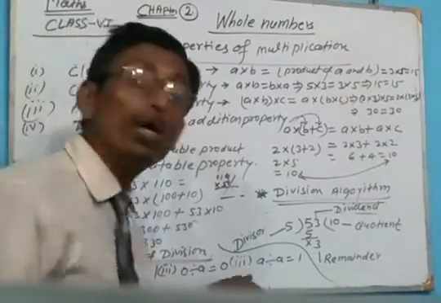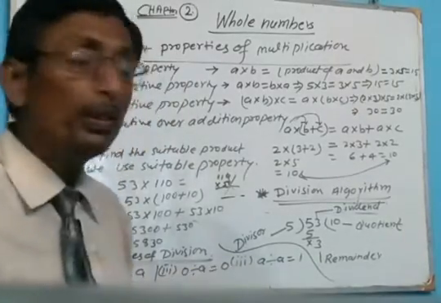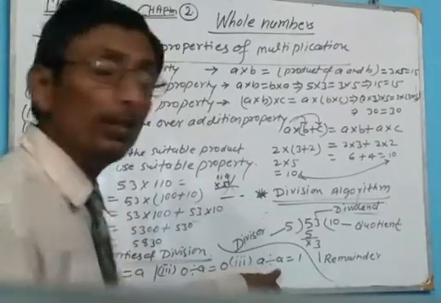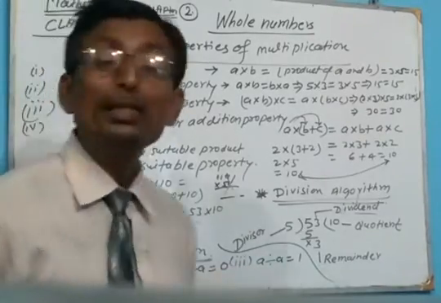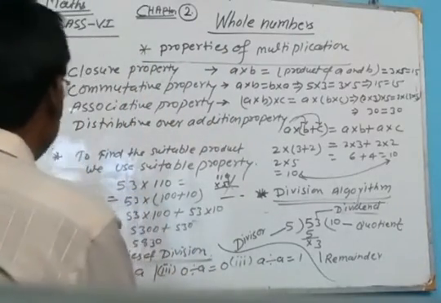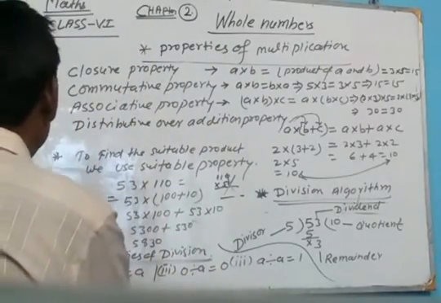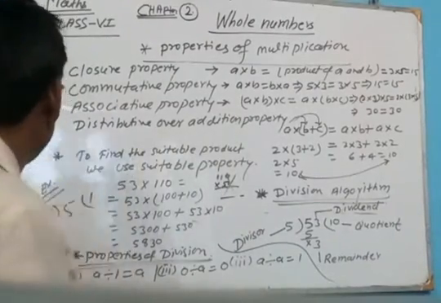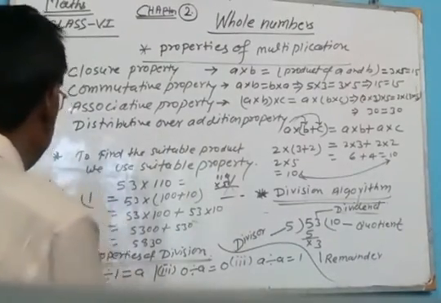Then comes the third property. What is the third property? When we divide any number by the same number, we get 1 as a result. As for example, we divide 5 by 5, we multiply 5 into 1 and we get 5.